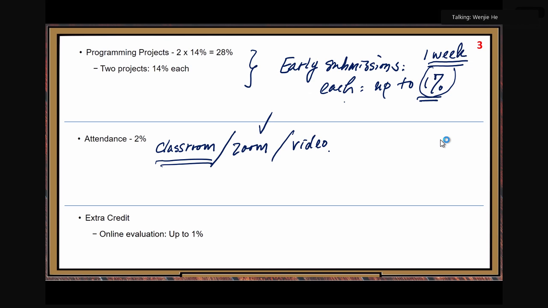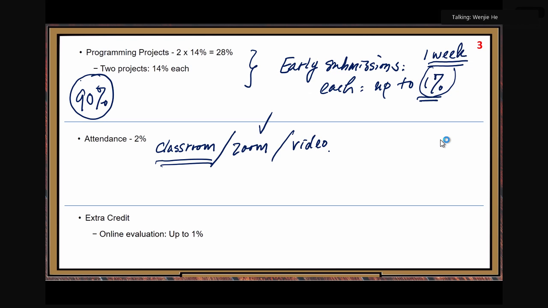There is a qualification line. I set a qualification line: you cannot miss too much. You have to earn 90% of the points. Usually, if you follow the requirements, it's very easy to get higher than 90%.